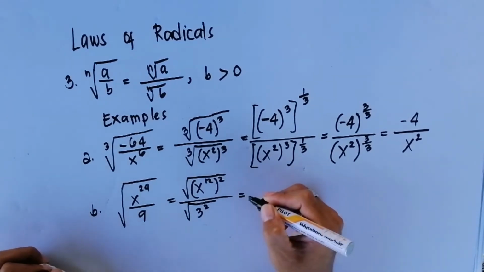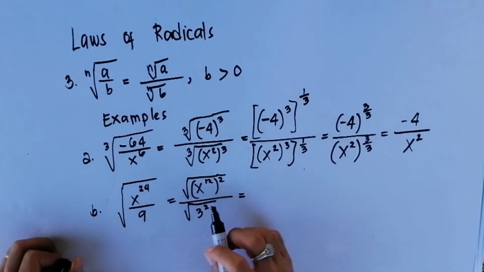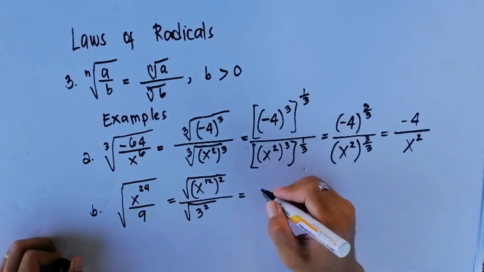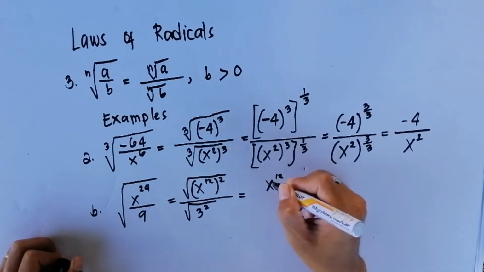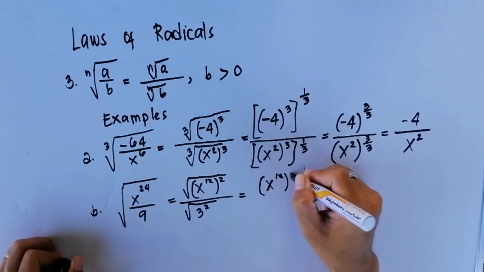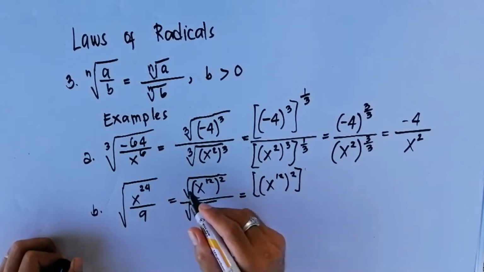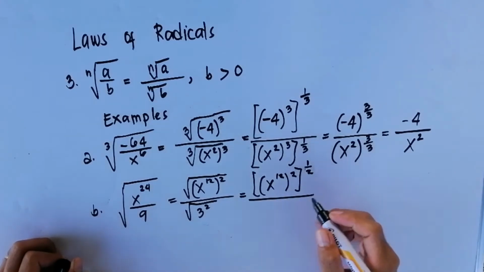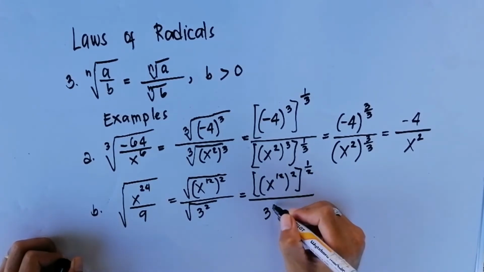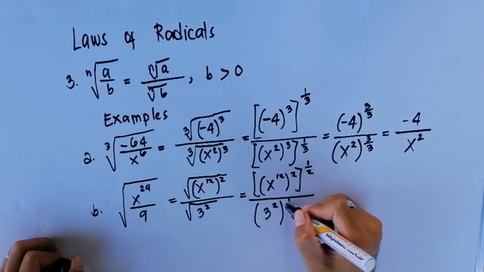So change to exponential. That is x raised to 12 raised to 2 and raised to 1 half, over 3 squared raised to 1 half.